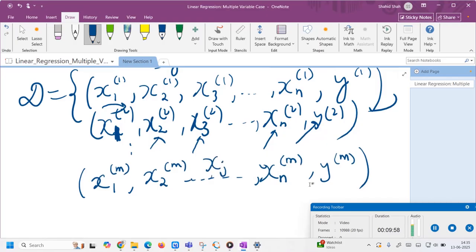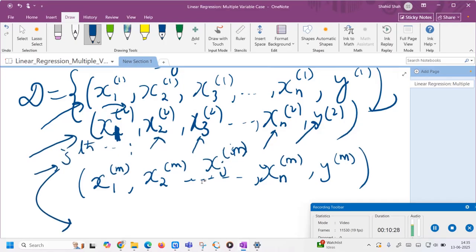Some jth point. Suppose you take any, so this is the first sample point, the first training sample of student number one of all the subjects and CGPA. This is sample point number two. So there will be some i.